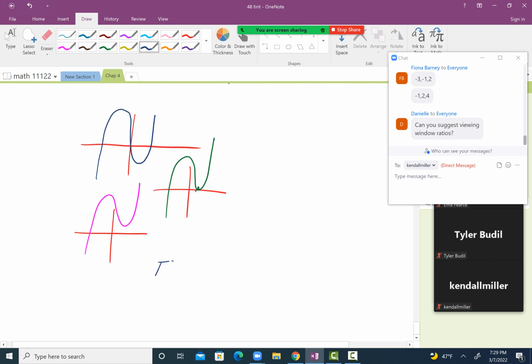There's something called the fundamental theorem of algebra. And you would think it would be something really kind of earth-shattering, but it really isn't.